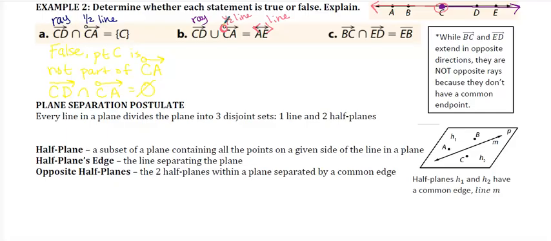That is absolutely true, because remember, the union is when we're combining everything. We're taking everything in ray CD and in half line CA, and everything along here from A to E in both directions is included. So this one is true. That one is very true.